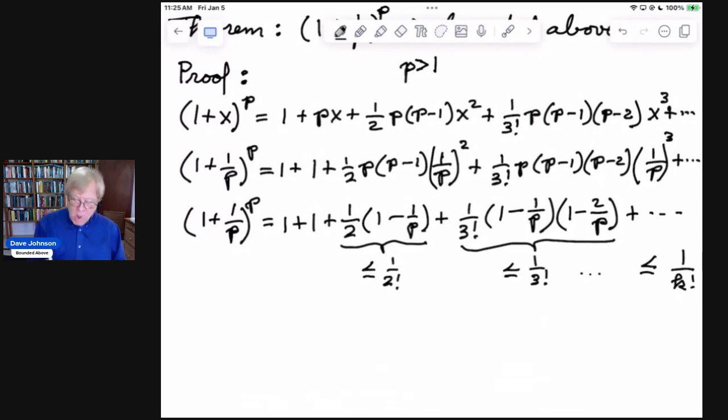Okay. Why is that? Well, because p is greater than 1, this is going to be less than 1, and 1 minus something that's less than 1 is still going to be greater than 0, but it's going to be smaller. And when you multiply that, you get something which ends up being smaller. So this is smaller than this. Likewise, this is smaller than this, and that's going to be true for every term.